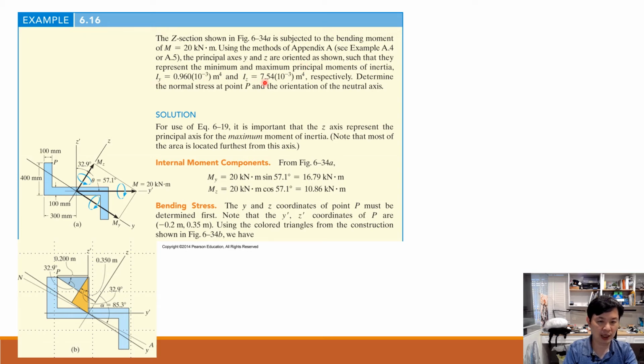And Iy, Iz are given, so that will make our life much easier. Otherwise, you need a lot of skill to figure them out. Finally, this problem asks us to determine the normal stress at point P and the orientation of the neutral axis. These are the two important requirements of this problem.